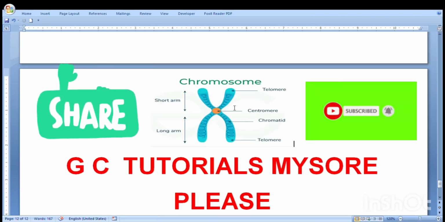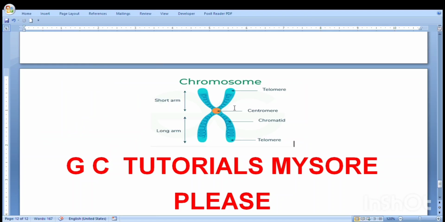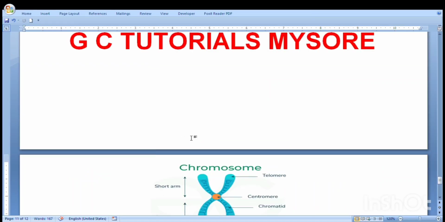So this is about chromosomes. If you have any doubt on this also, you can ask in the comment box. I'll try to clarify your doubt. Got it? So this is about today's class.